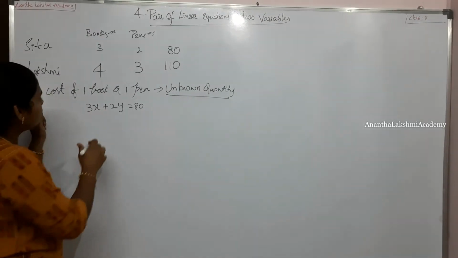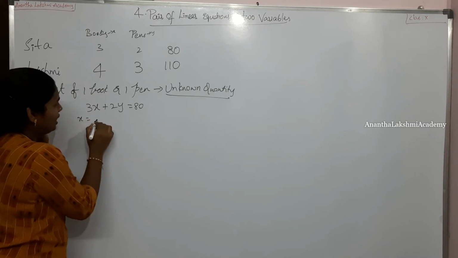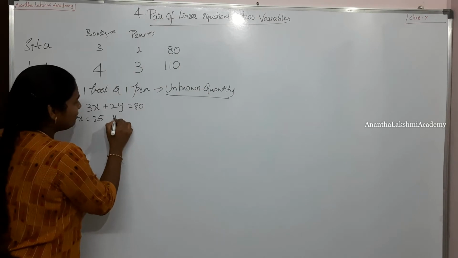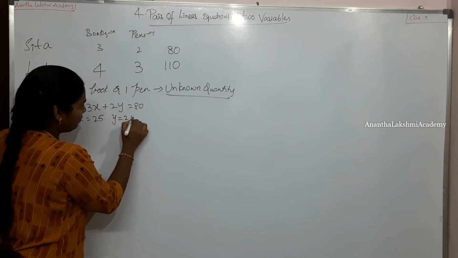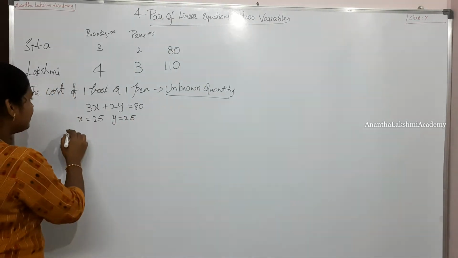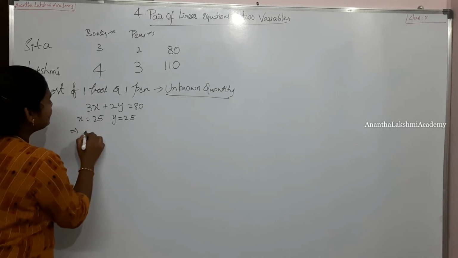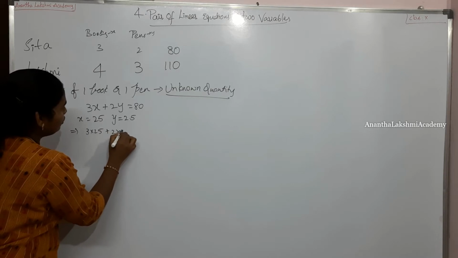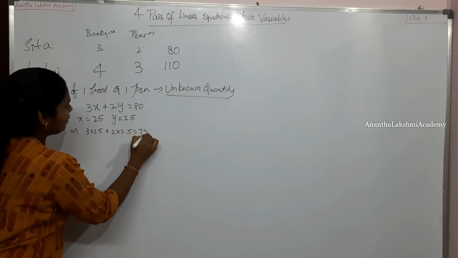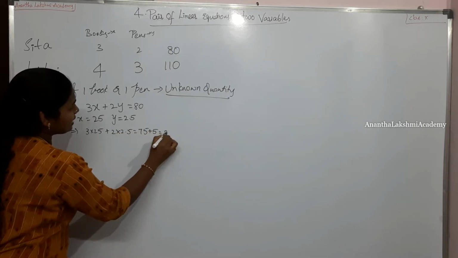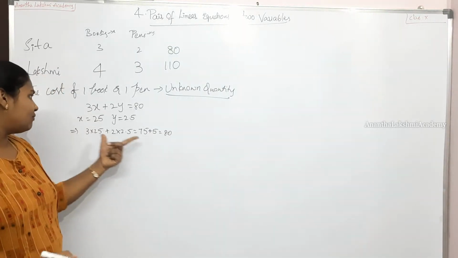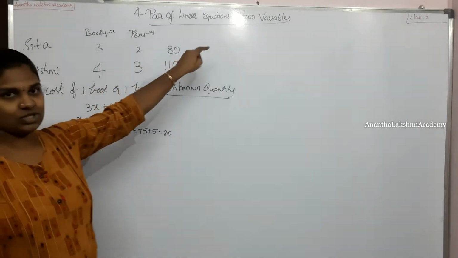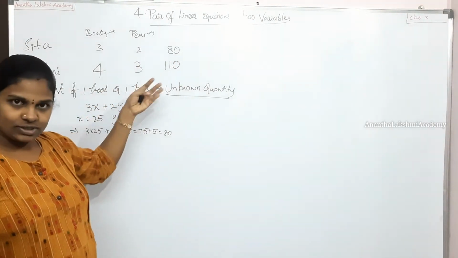If a single book costs 25 rupees and a single pen costs 2.5 rupees, let us try it. 3 into 25 plus 2 into 2.5 is nothing but 75 plus 5, which is 80. Now the values that we are considering have satisfied Sita's equation of total cost of 80 rupees.